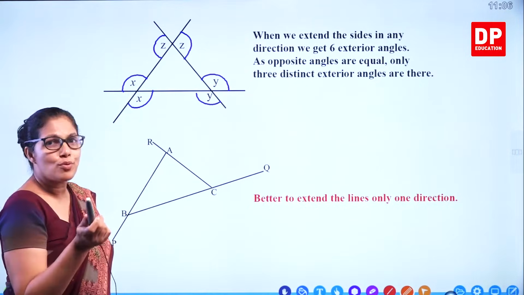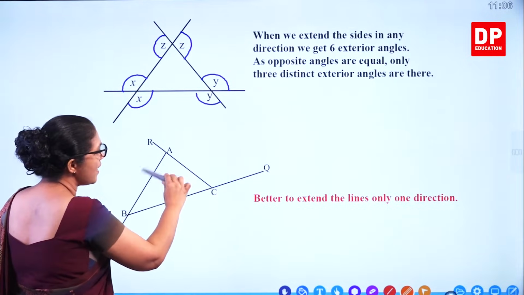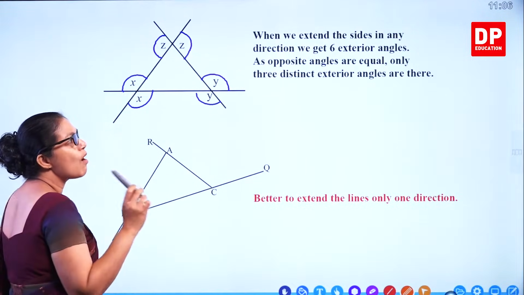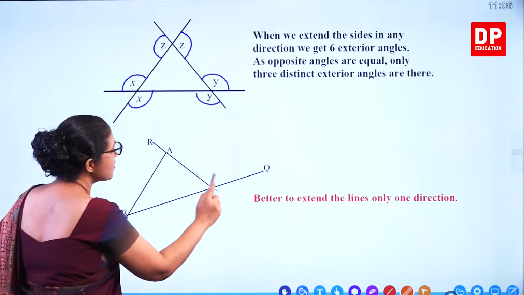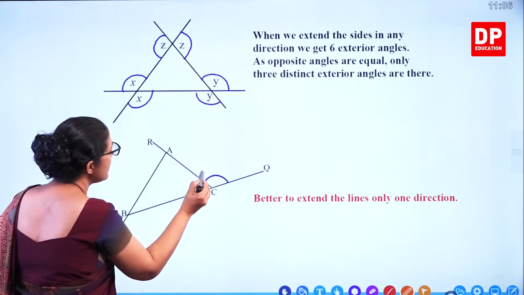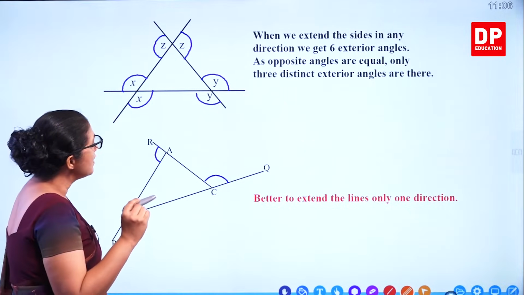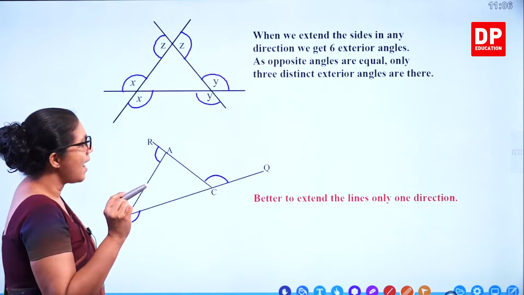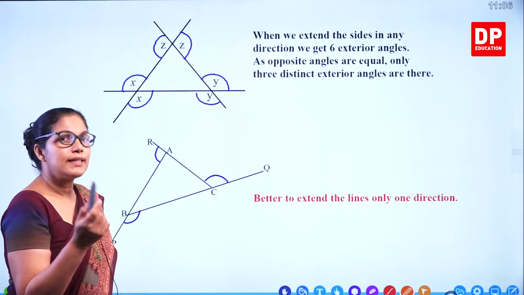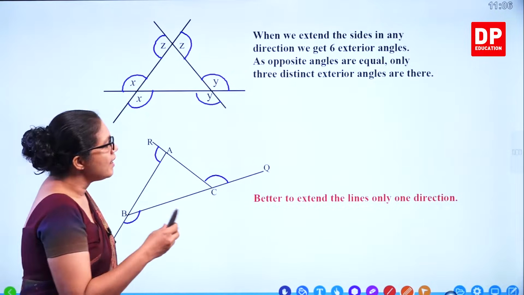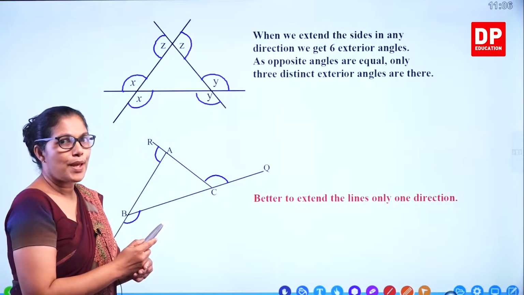So it's better to extend the lines in only one direction, either clockwise or anti-clockwise. If it's anti-clockwise, you get this angle and this and this. Those are the three exterior angles. So remember, for any polygon, extend the lines in only one direction, anti-clockwise or clockwise.